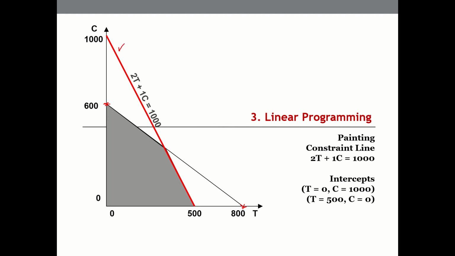This red line that you see is the painting line. If you draw this with an intercept of 1000 for chair and with an intercept of 500 for table, this is the line that we get.